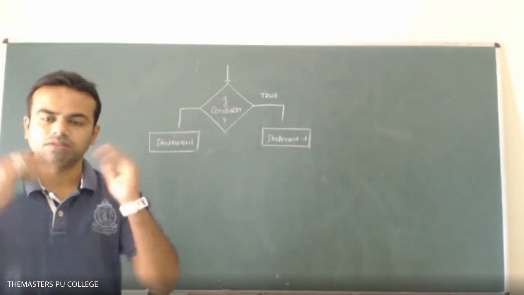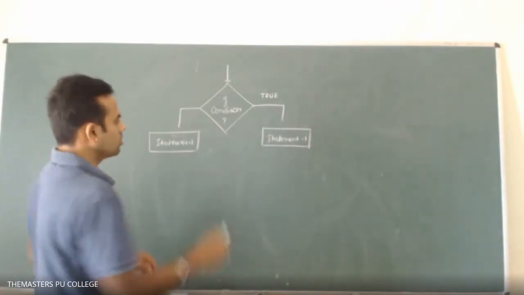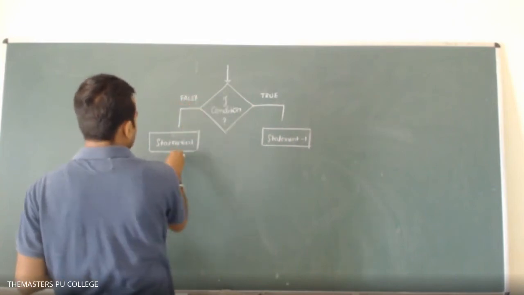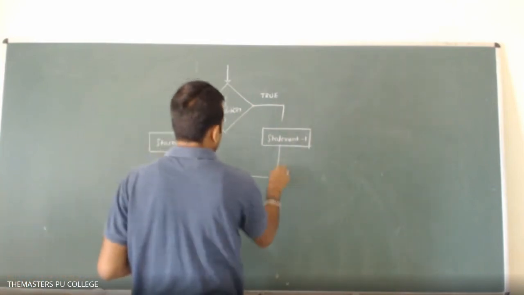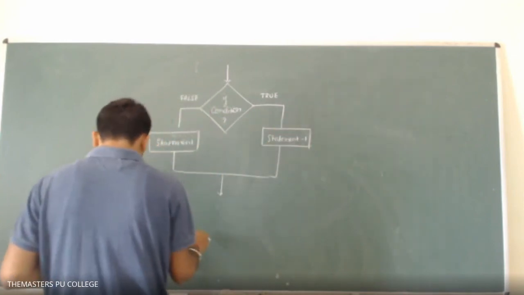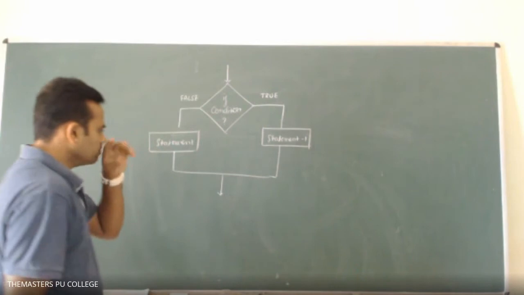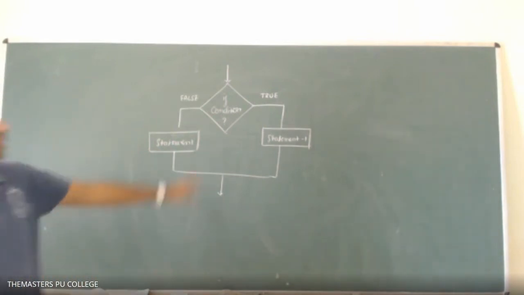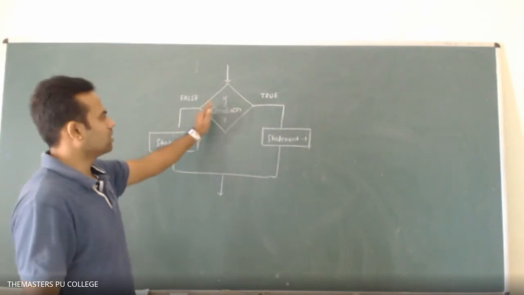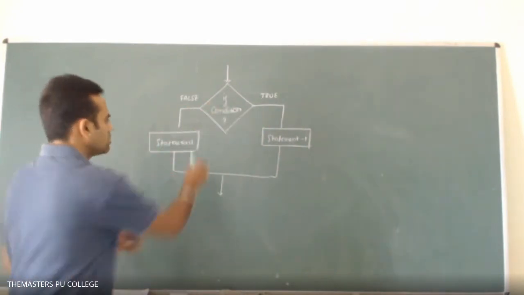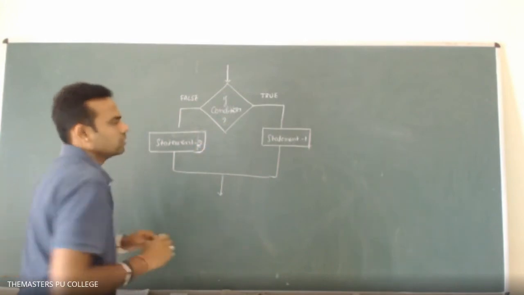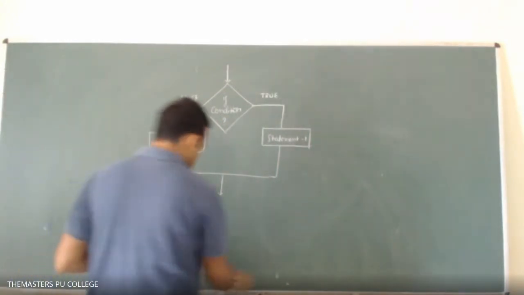You can write according to your wish: true here, false here. It checks for the next step. If this condition is true, statement 1 will execute. Else, if the condition is false, statement 2 will be executed.